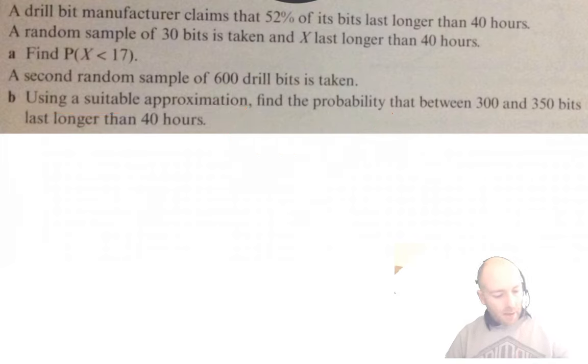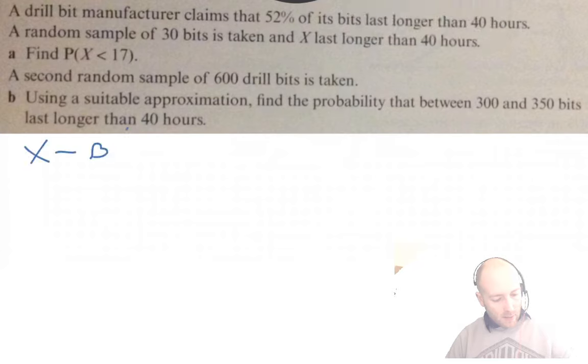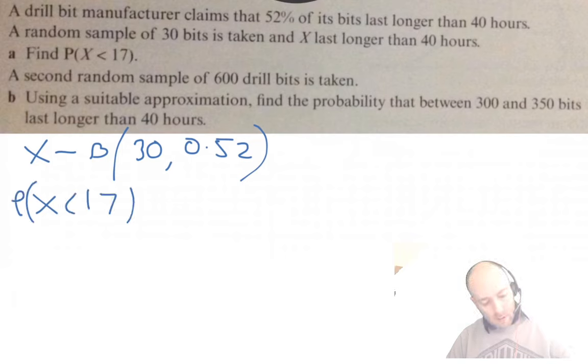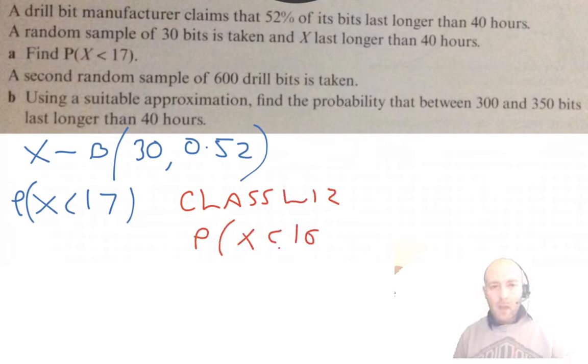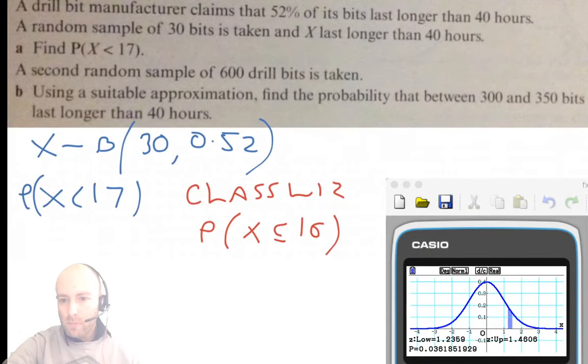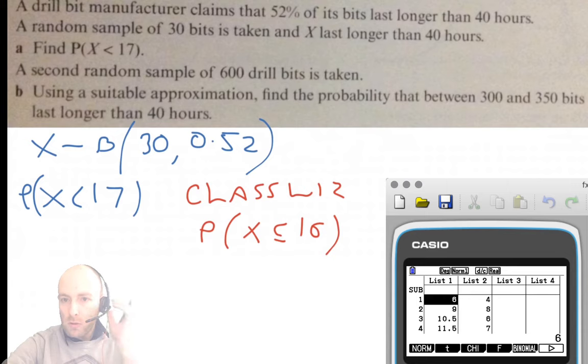So part A then, we've got X is a binomial with n is 30 and p is 0.52. We're trying to work out X is less than 17. So on the ClassWiz, you need to do X is less than or equal to 16. We can just do it on the graphical though. So let's do that. Distribution, binomial distribution, BCD.